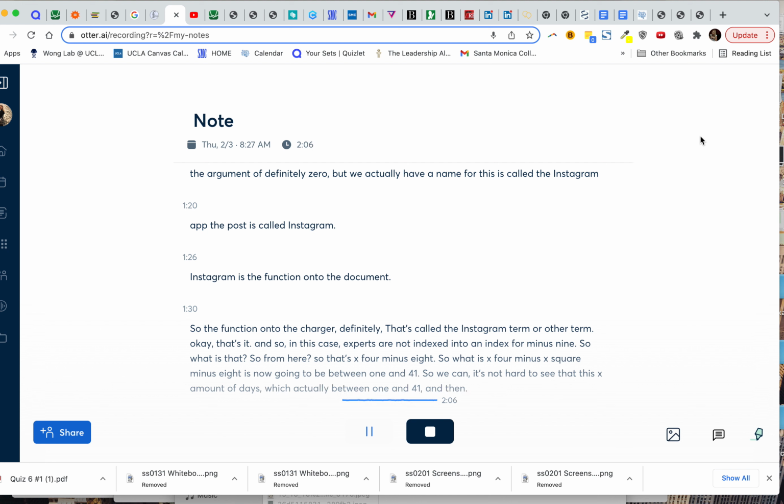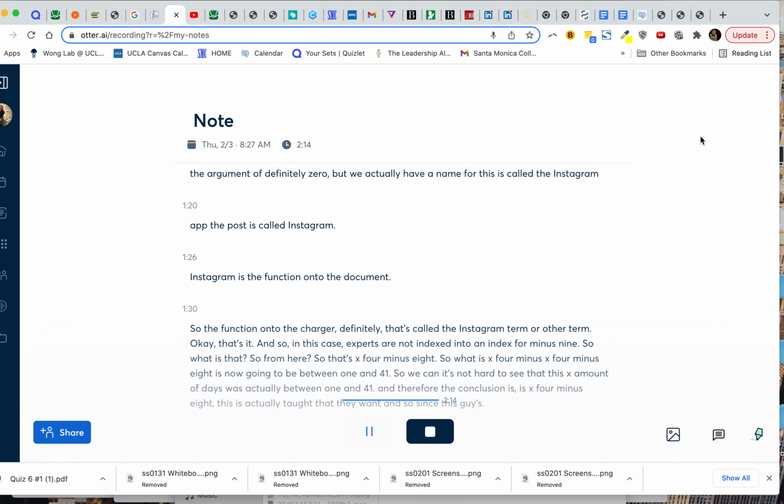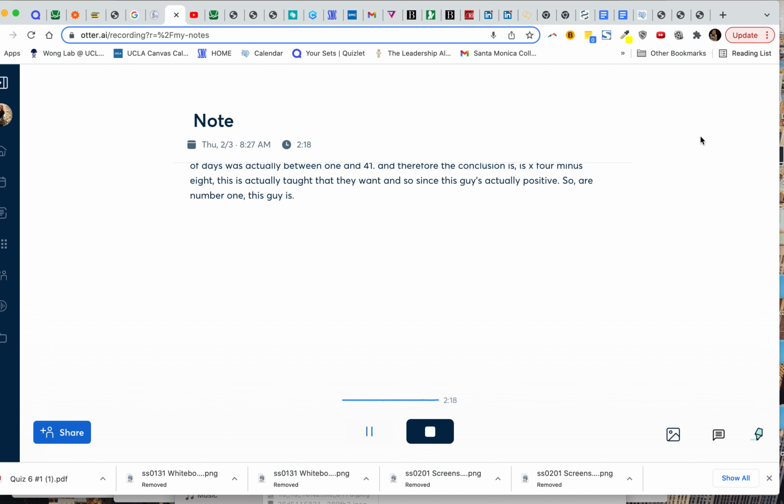And therefore, the conclusion is that x squared minus 8 is positive. So on number 1, this integral is greater than 0, because every term of f of x k times delta x is positive.